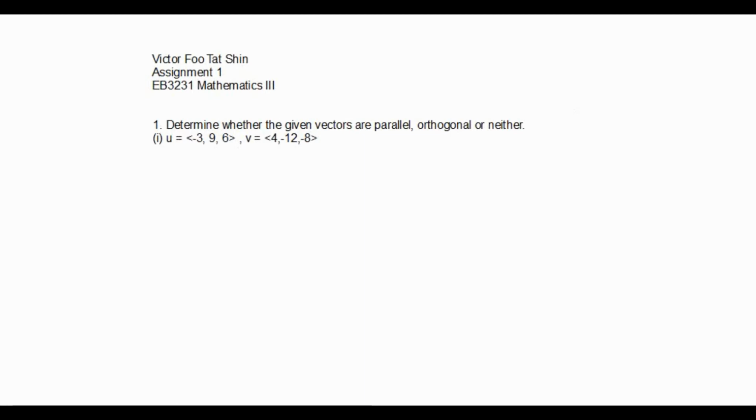So you just take the dot product, u dot v, is equal to -3 and 4, added with 9 and -12, add with 6 and -8.